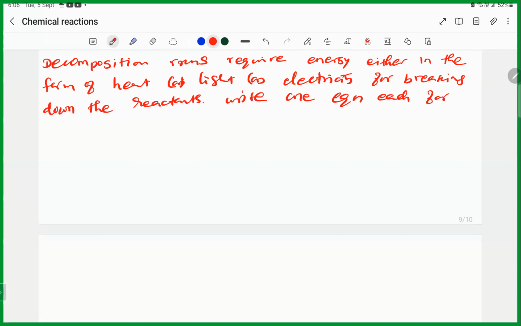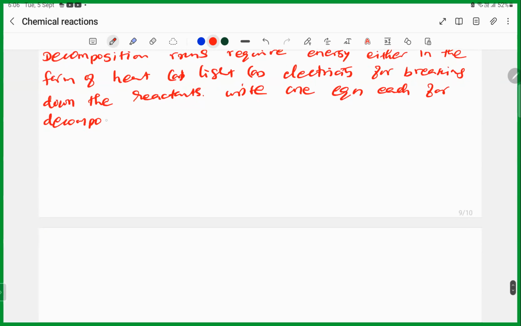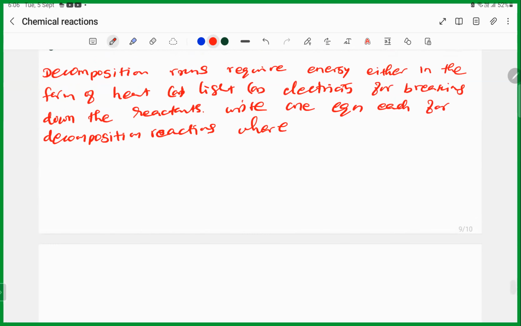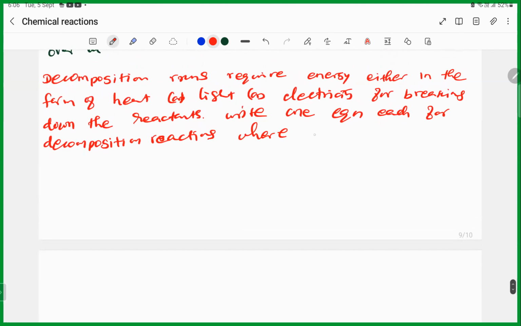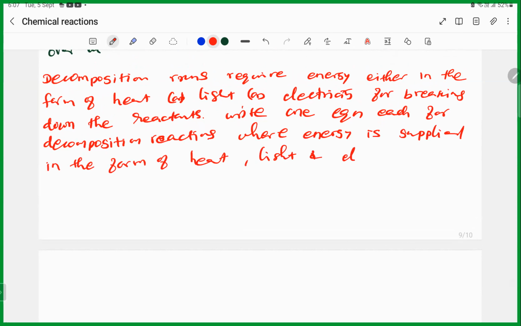Heat for decomposition reaction, where energy is supplied in the form of heat, light and electricity. சொல்லுங்க.